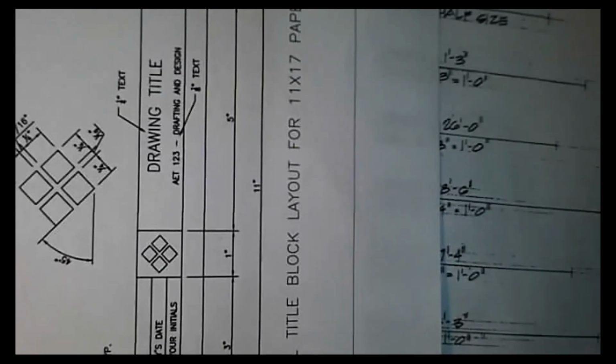What we're going to do now is lay out the college logo. We're going to use construction lines first, and then we're going to turn those construction lines into secondary lines. You're going to need your 45-degree triangle to do this.